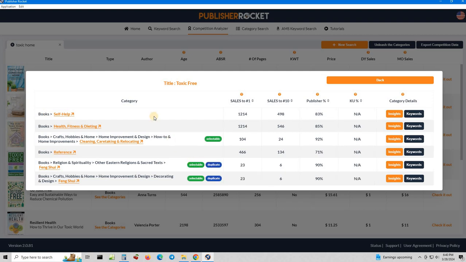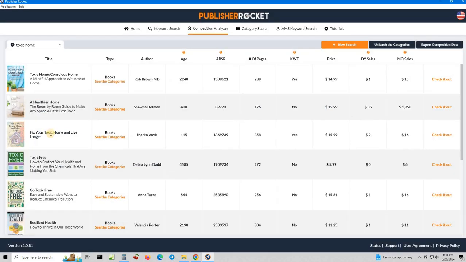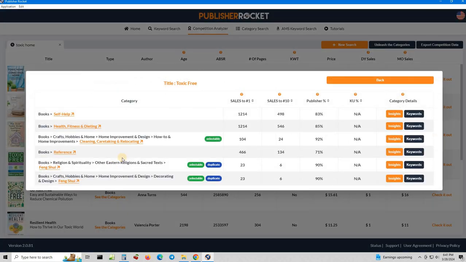Okay. So why is she in all these categories? This is interesting. She must have a hardback in addition to a paperback. She has 6 categories, so that's what that is.